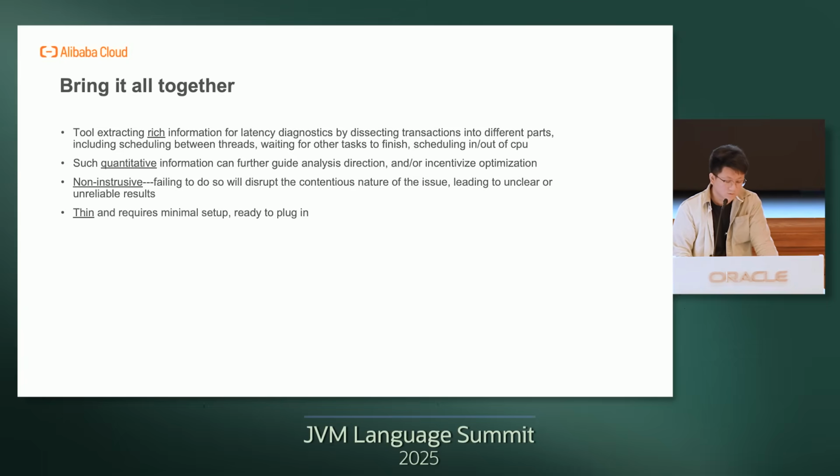With such quantitative information, we can guide our analysis and incentivize optimization. And this is non-intrusive. Failing to be so would disrupt the contentious nature of the issue, leading to unclear results. And it is thin and requires minimal setup, ready to plug in.